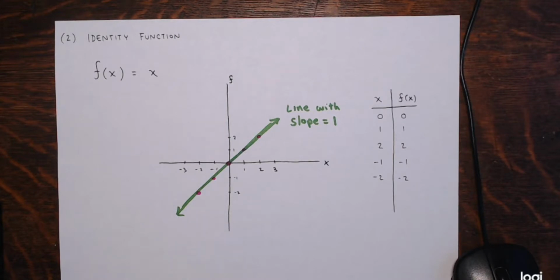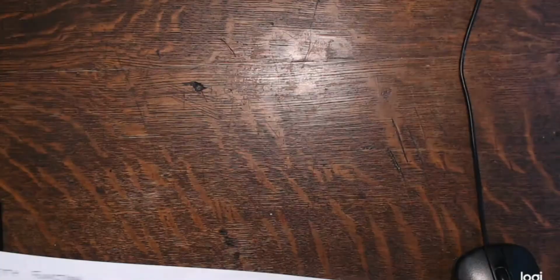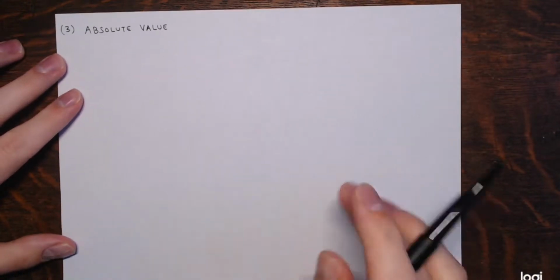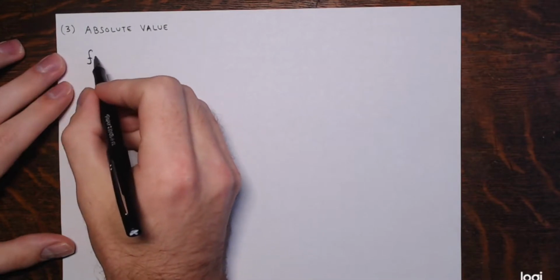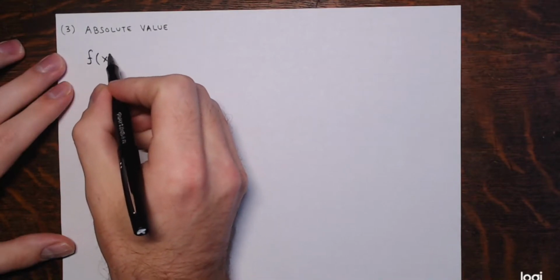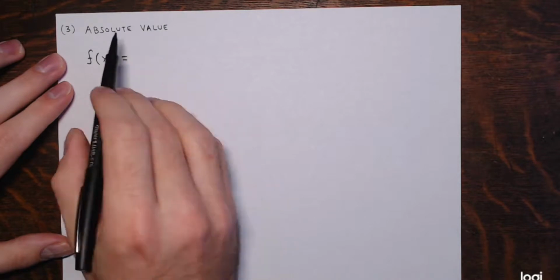All right. Next in the list, the most basic absolute value function. So it's just f of x, and just the name of the function says it all.